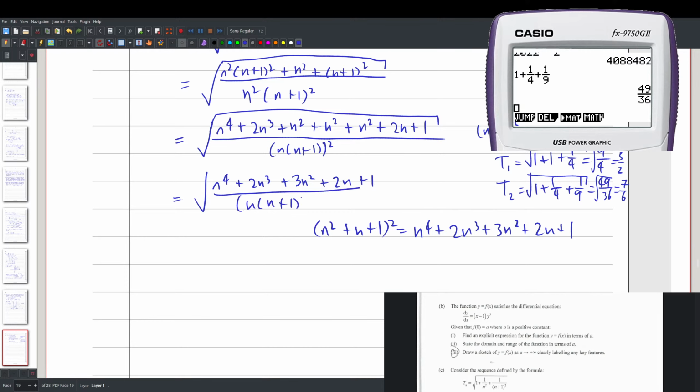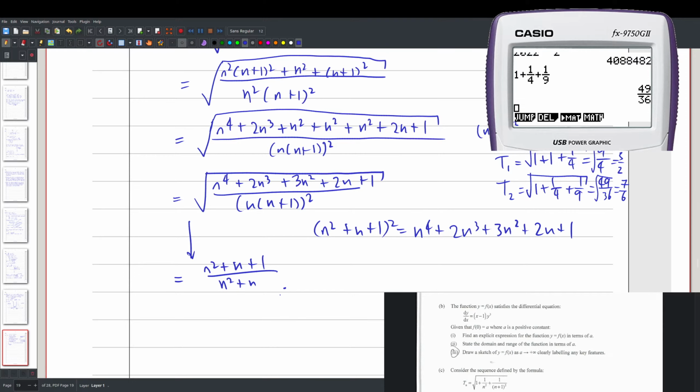N plus 1 squared, which equals to... Well, but then why would it be the square root of that though? That's so sus. So sussy. Oh well. Yeah, so this is equal to n squared plus n plus 1 on n squared plus n. Good. No, not really.